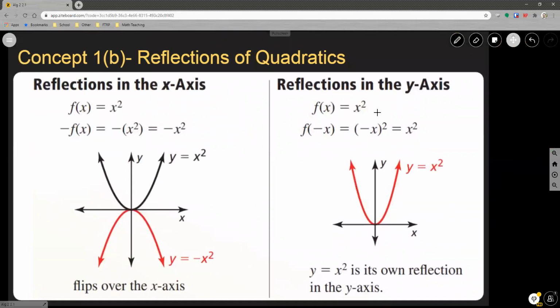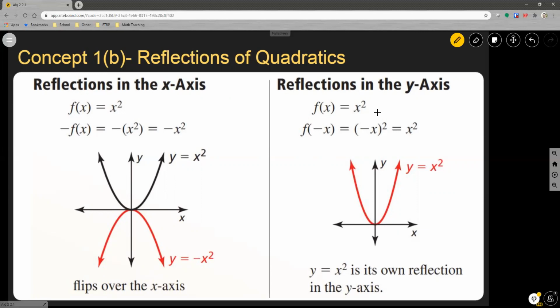Next concept here, we've also got reflections of quadratics. So this is continuing concept 1 of writing or describing the translation and graphing it. So we have reflections, and they work the exact same way they worked in the past.